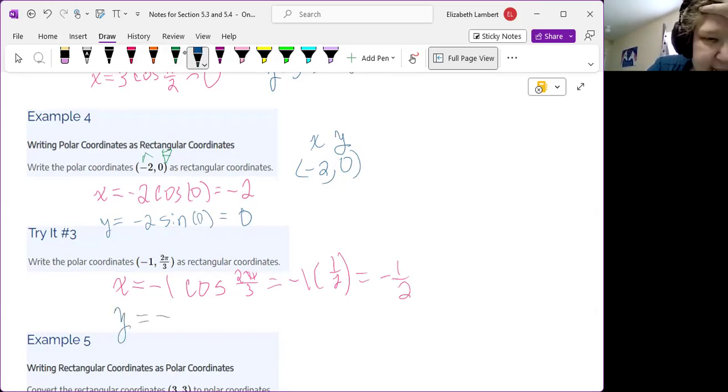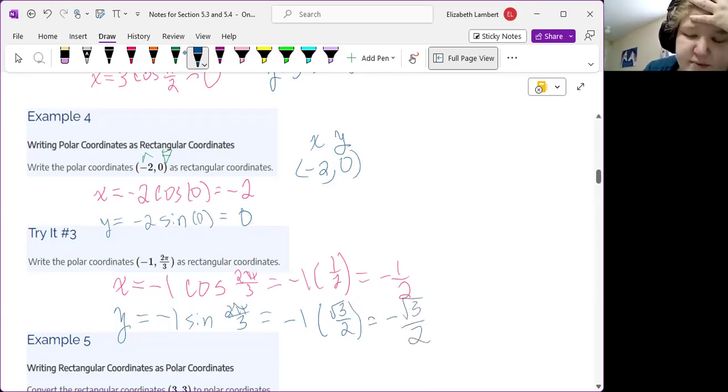Then our y is r, which is -1, times sine theta, which is 2 pi over 3: -1 times the square root of 3 over 2. So this is the negative square root of 3 over 2. So we have -1/2, negative square root of 3 over 2.